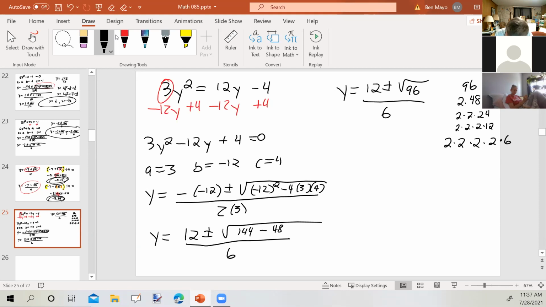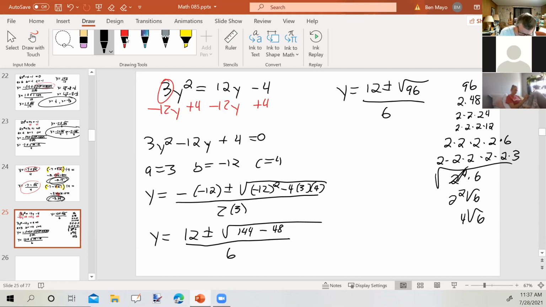Okay. Then we've got 2 times 2 times 2 times 2 times 2 times 3. So I've got 2 to the 4th times 6. Why didn't I make it 2 to the 5th? Because we're taking the square root, right? Okay. So the square root of 2 to the 4th would be 2 to the 2 power, which is 4.